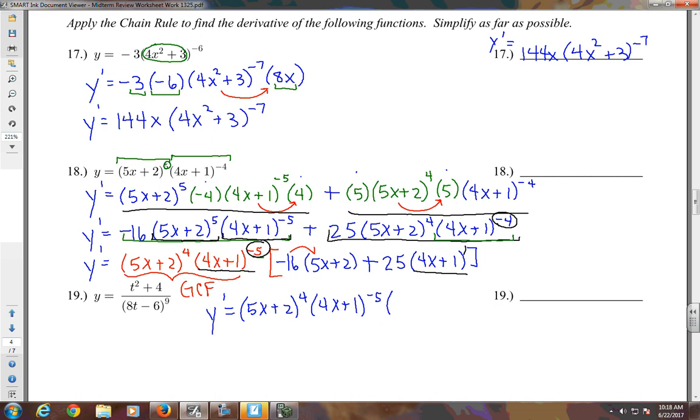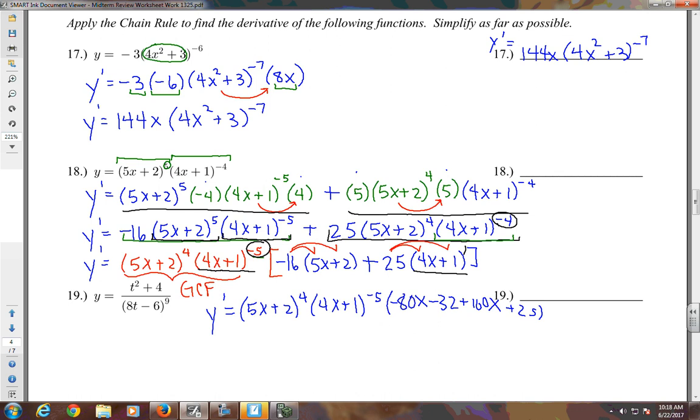So we have negative 16 times 5x, which gives me negative 80x. We have negative 16 times 2, which is negative 32. 25 times 4, that gives me 100x. And 25 times 1 gives me 25.